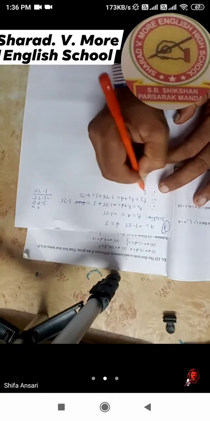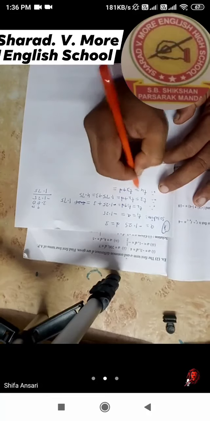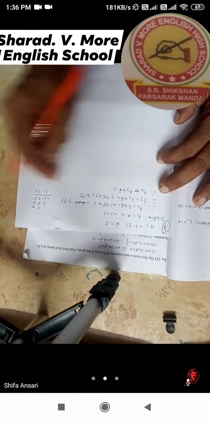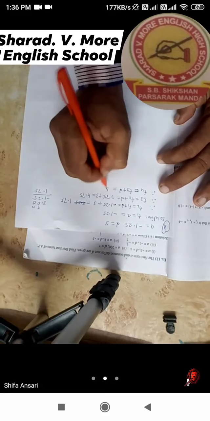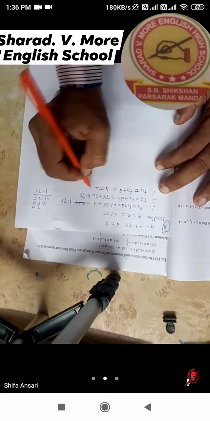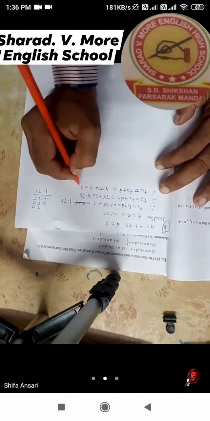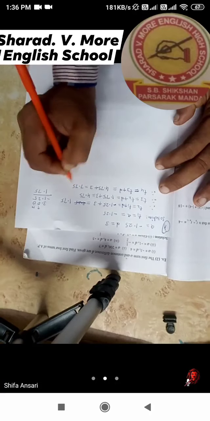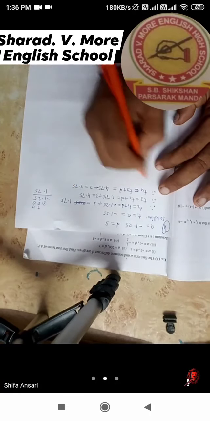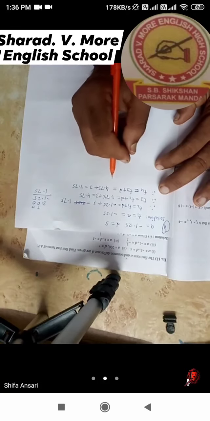Now T4 is equals to T3 plus D. Now T3 is equals to 4.75 and D value is equals to 3. So 3 and 4, 7.75. Understood? Now here we have found the 4 terms.